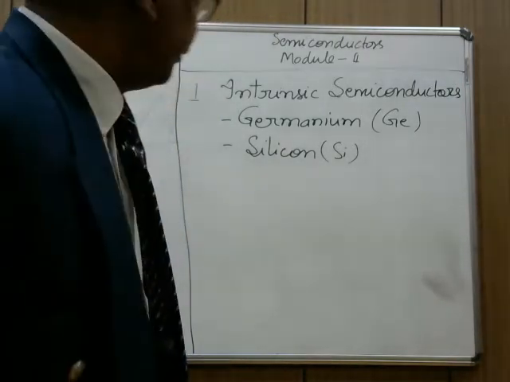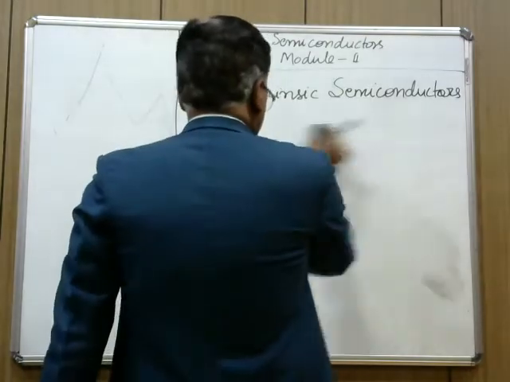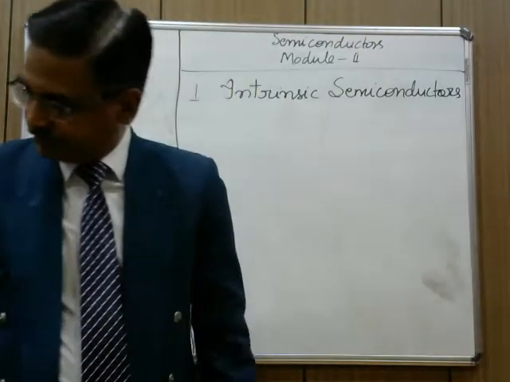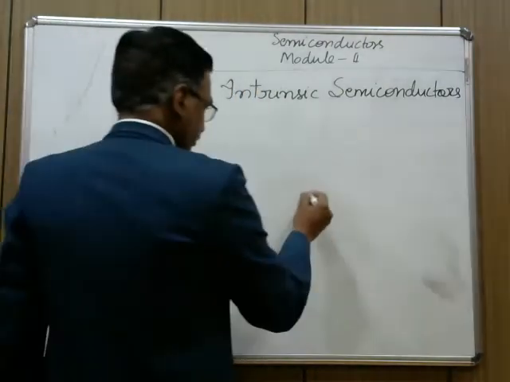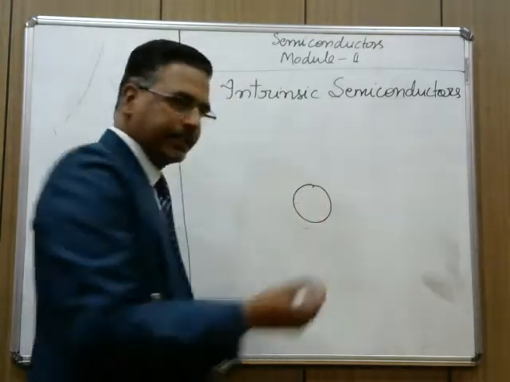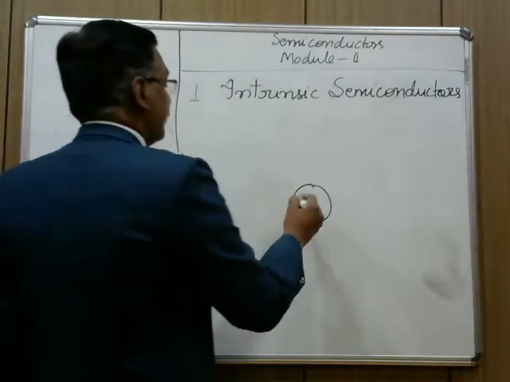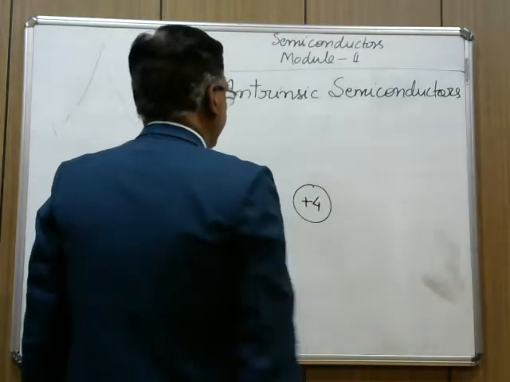See, suppose this is an atom of either silicon or germanium. It will have 4 valence electrons.